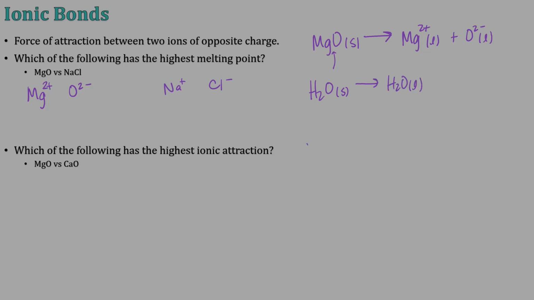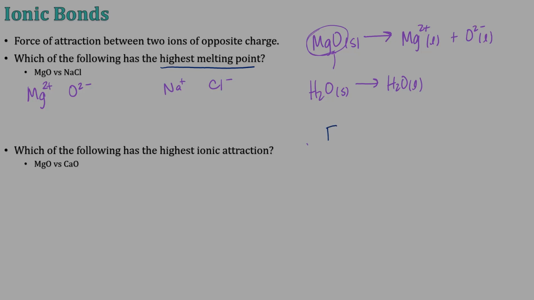So it's a different kind of force that's existing between these two ions than there would be between the solid molecules of water. All right, so we can look at Coulomb's law to decide. So when you see a question that says highest melting point, what it's really asking you is which one of these ions are attracted to each other more.